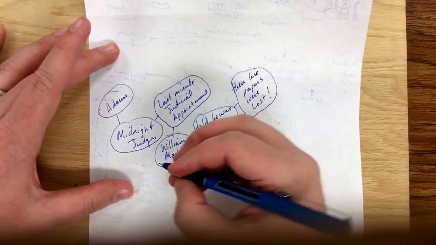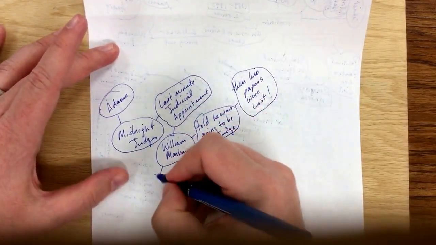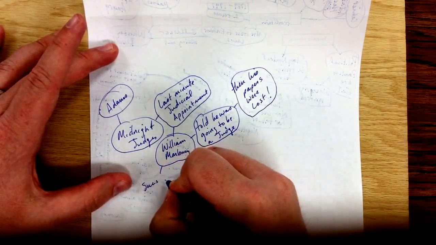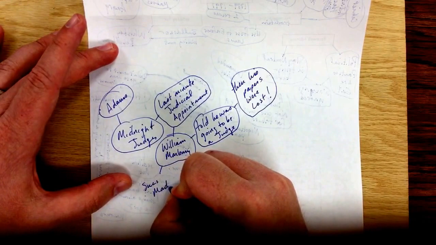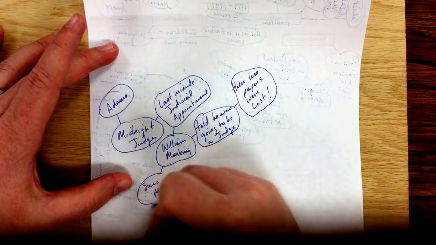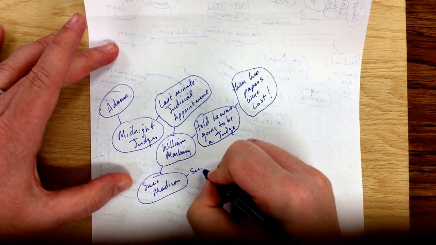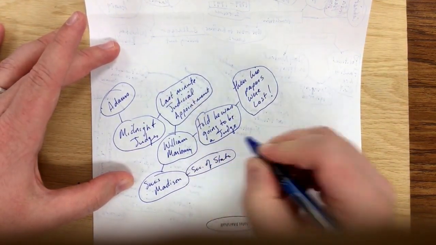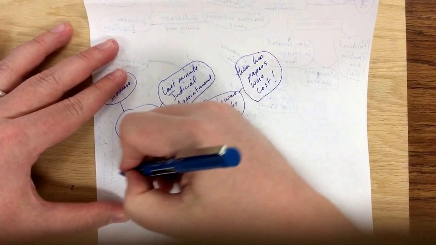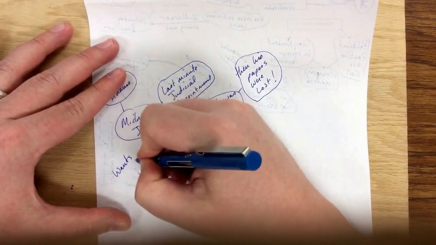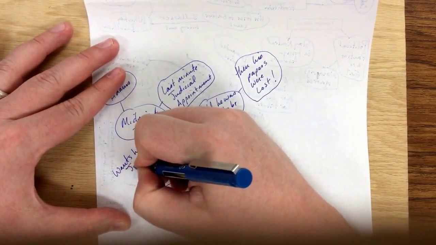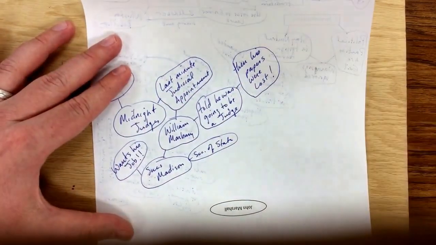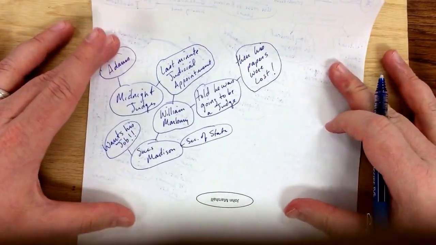Of course, he's upset about this because he wants his job, and so he sues James Madison, who's the Secretary of State at the time. He sues because he wants his job. He was told he deserves this job.